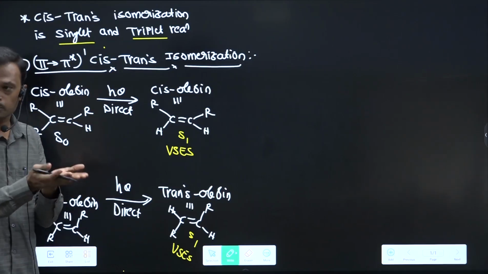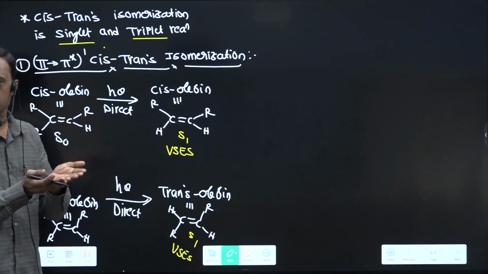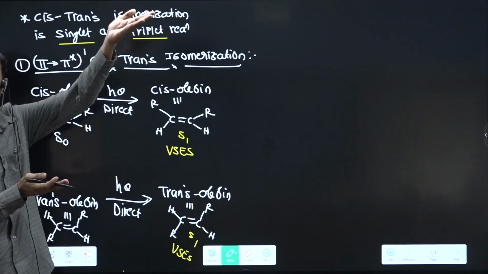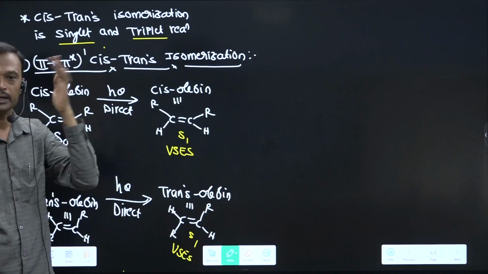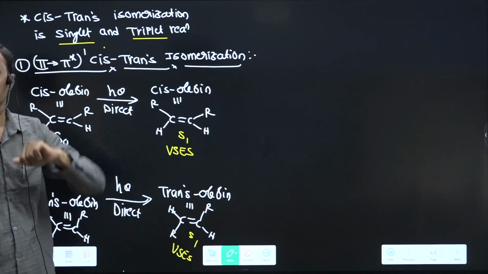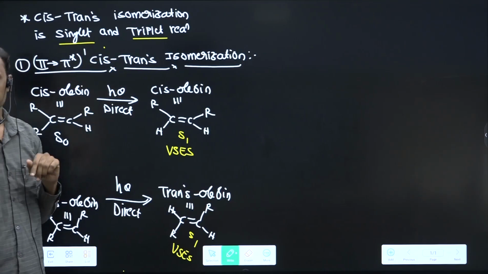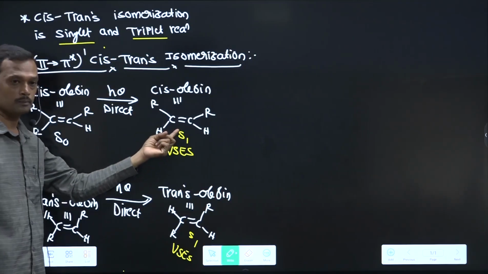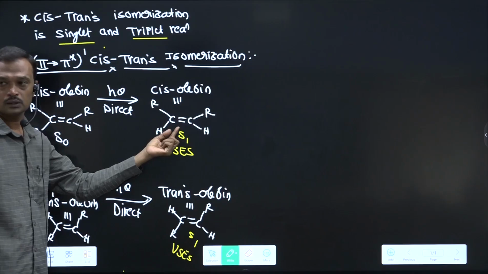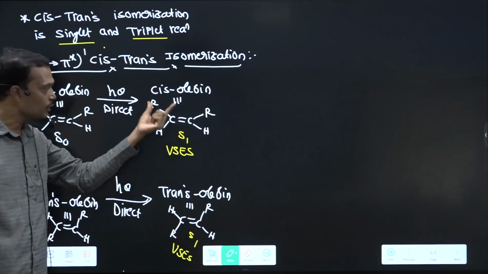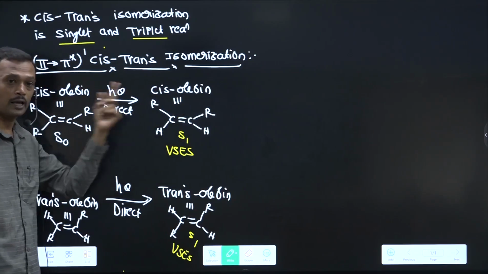See, when you came from a poor family, after reaching a high standard, if you remember your poor standard in your mind, that means you are retaining your memory. You are recollecting your memory. That is this state. After reaching the excited state, this molecule is retaining its memory. They have memory.